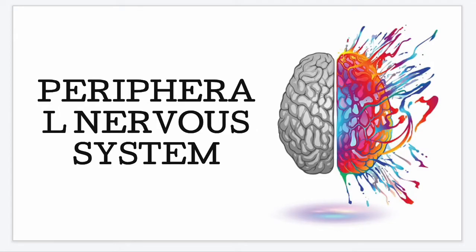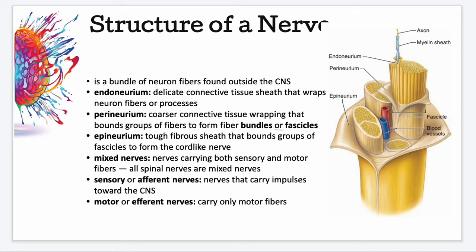Your PNS consists of nerves and scattered groups of neuronal cell bodies found outside the CNS. We have already considered one type of ganglion, the dorsal root ganglion of the spinal cord. Now, the structure of your nerves. As we noted earlier in this chapter, a nerve is a bundle of neuron fibers outside the CNS.